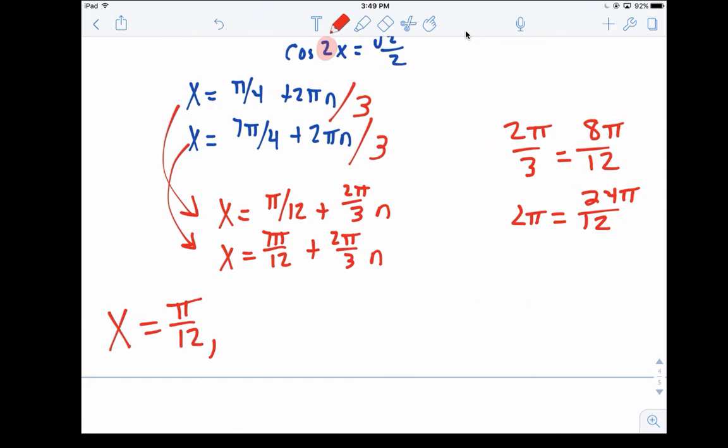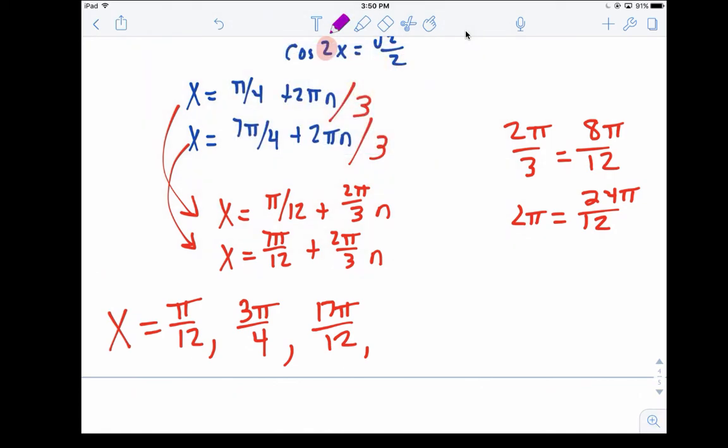If you get something that's bigger than 24 pi over 12, it's too big. So pi over 12 plus 8 pi over 12 is 9 pi over 12, which simplifies to be 3 pi over 4. Alright, 9 pi over 12 plus 8 pi over 12 is 17 pi over 12. And then if I add that again, it's going to be bigger than 24 pi over 12. So those are my first three.